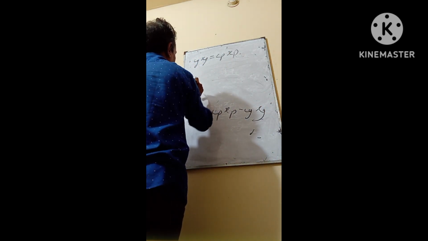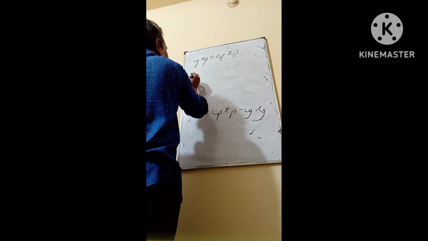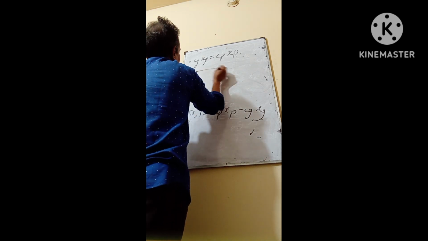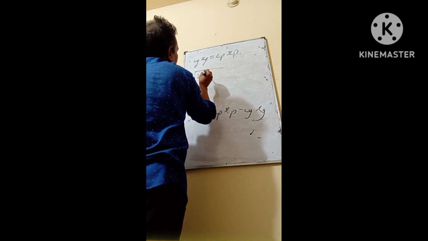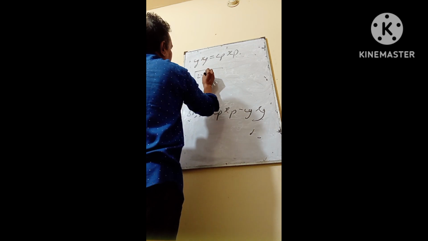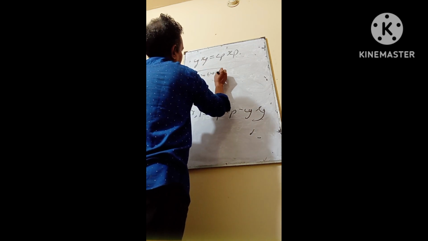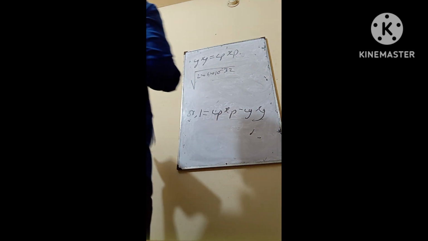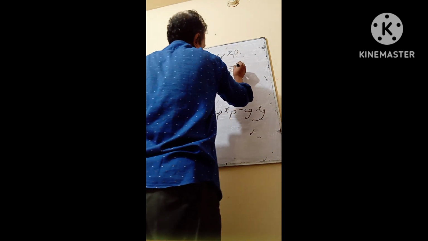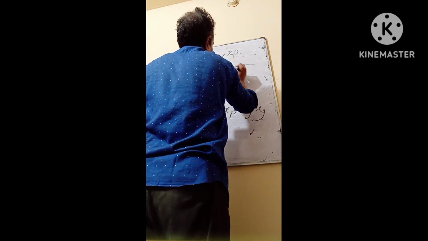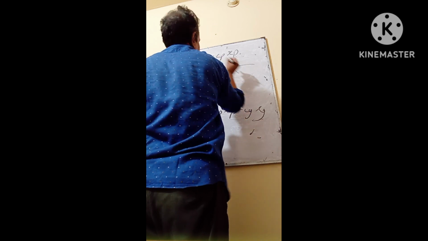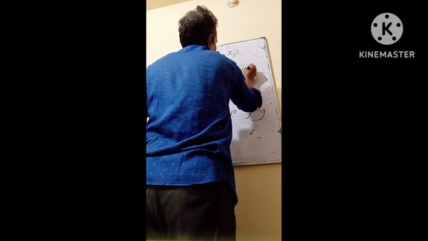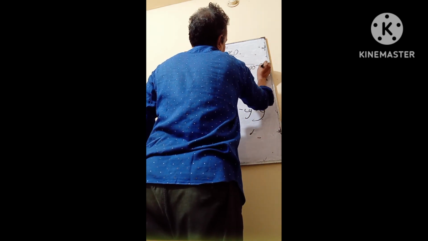CZ. What is the meaning of CZ? CZ is 2 into m, 6 into 10 to the minus 32. And in the inverse system, CZ is equal to minus CP, 6 into 10 to the minus 32.